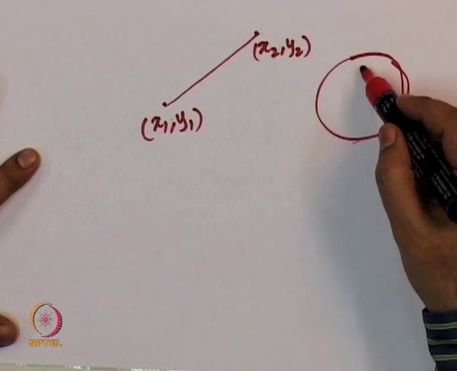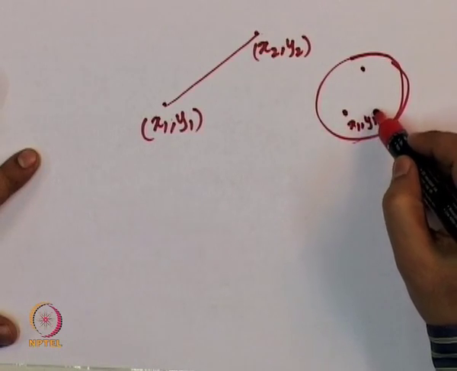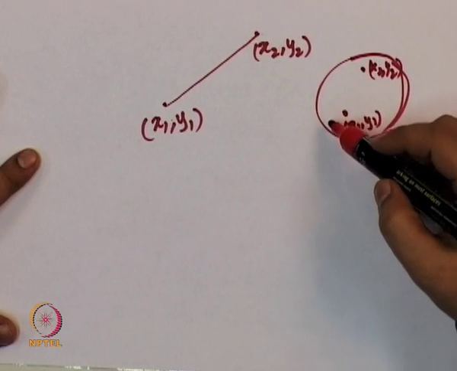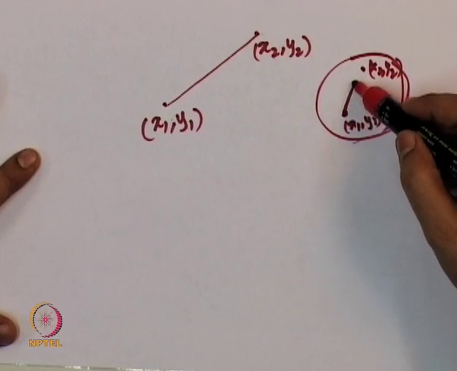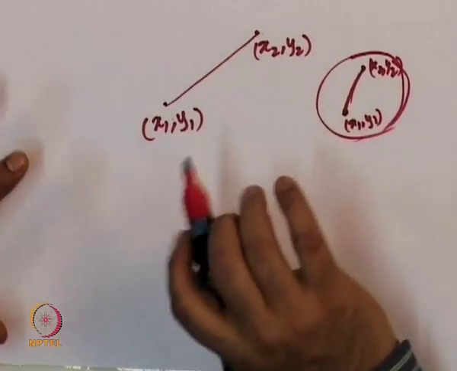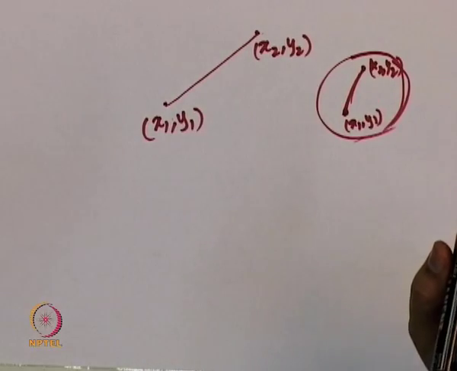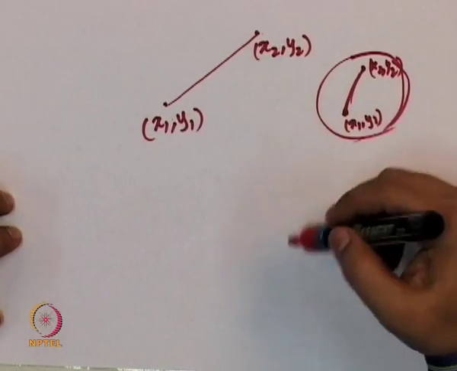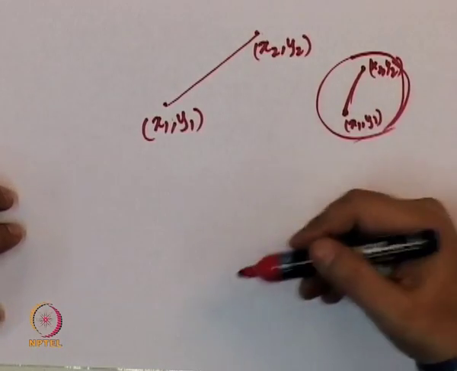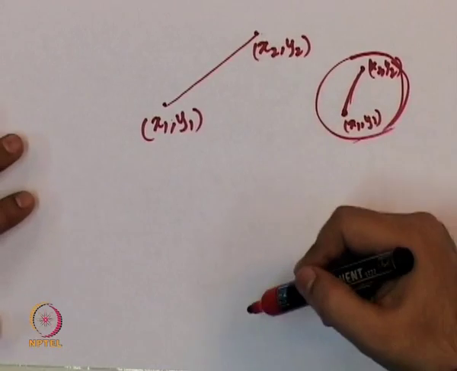Now, if I want to find out, for 2 points x1 y1 and x2 y2, what is the arc which is joining these 2 points which will have the smallest length. Because I am on the surface, you can think of it as a rubber ball, for example. If I take 2 points on the surface of a rubber ball, and I want to find the line that is joining them which will have the shortest distance, then I have to go through this arc. It is no longer a straight line.